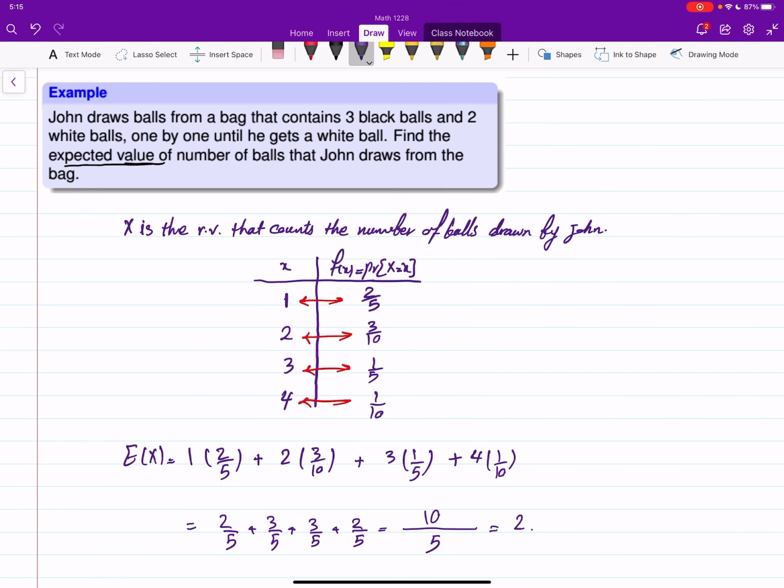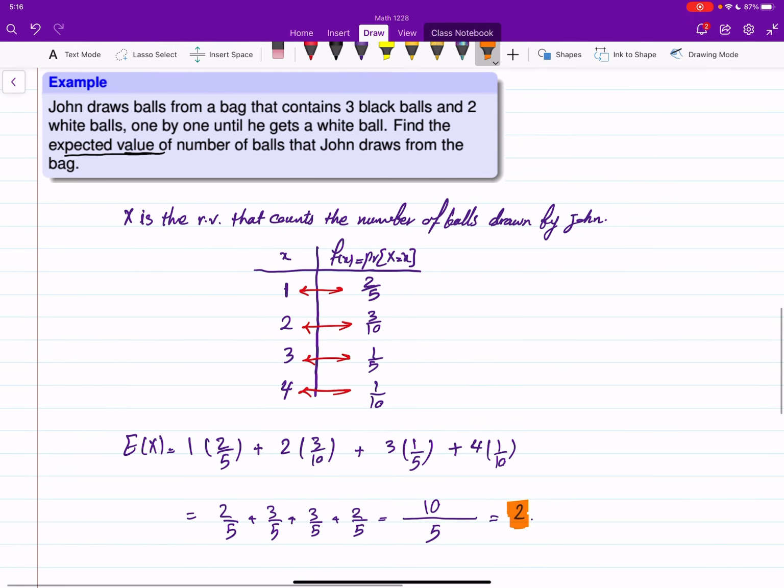So on average, if John repeats this experiment thousands of times, and then you try to see what is the average of the number of balls he drew in each experiment, this will be the average. He will be drawing on average 2 balls, or this is the expected value of the number of balls drawn by John.